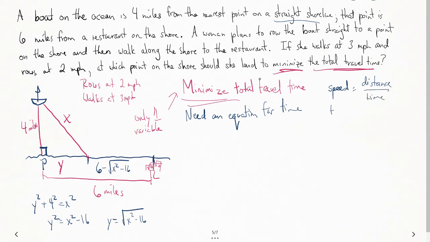So in other words, time equals distance divided by speed, and that's going to be important to us. So we'll call this time t of x, I guess. So this represents time in terms of x.